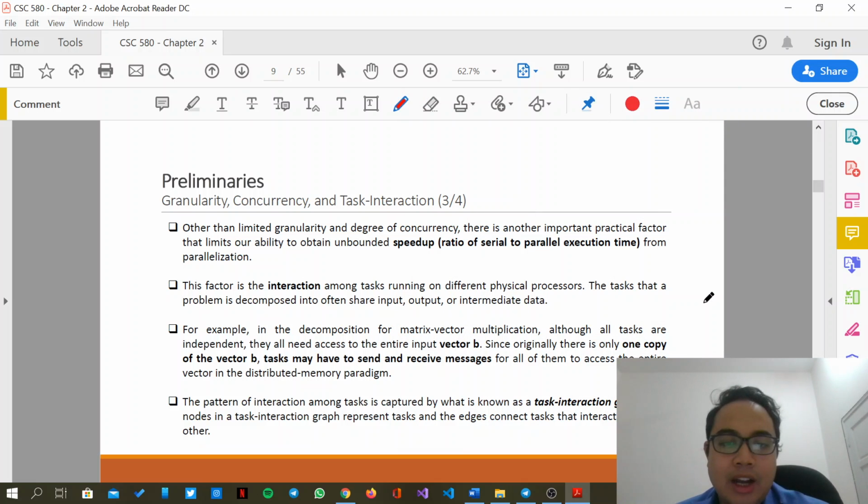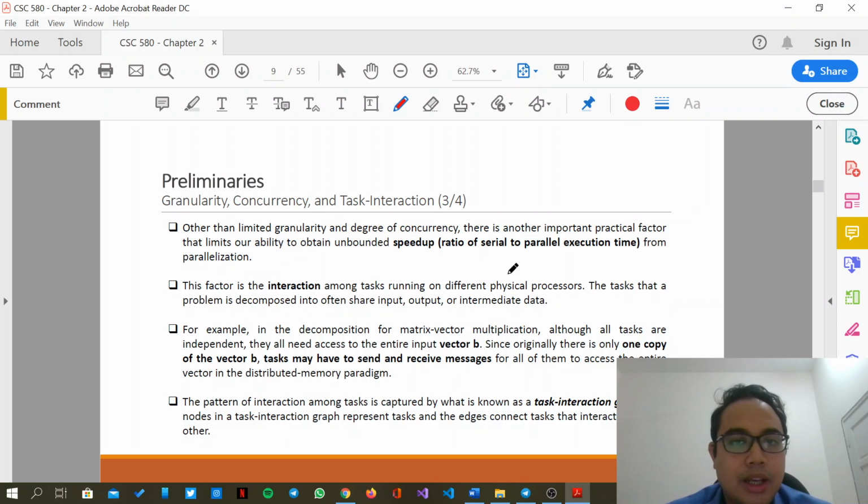Okay, other than granularity, satu lagi important factor adalah interaction. Okay, the factor is the interaction among tasks running on different physical processors. The tasks that the program is decomposed into often share input, output and intermediate data. Kalau they share input, output and intermediate data, meaning apa?